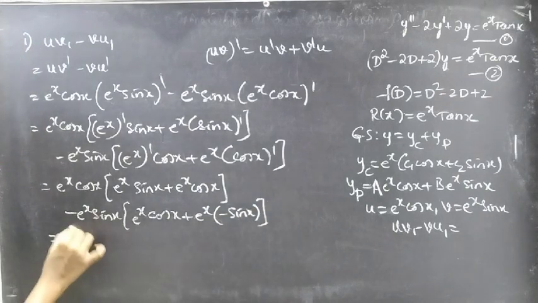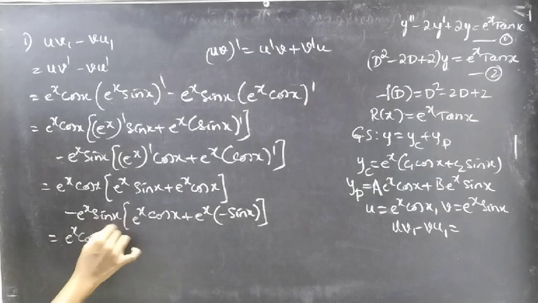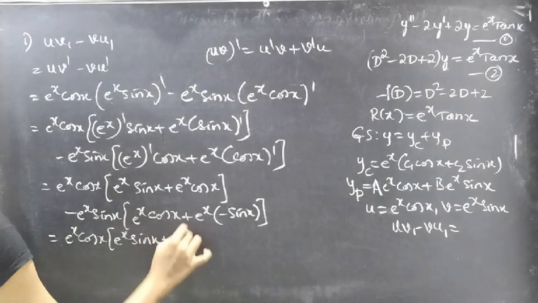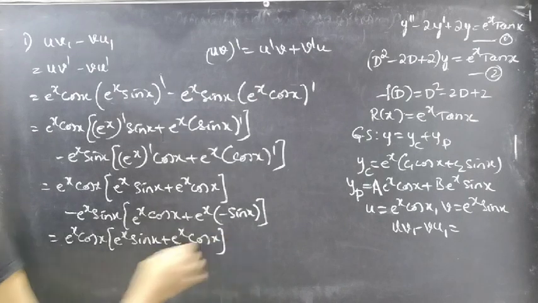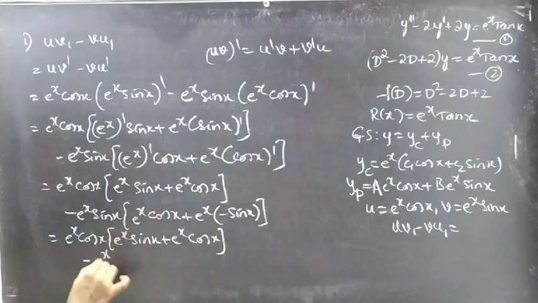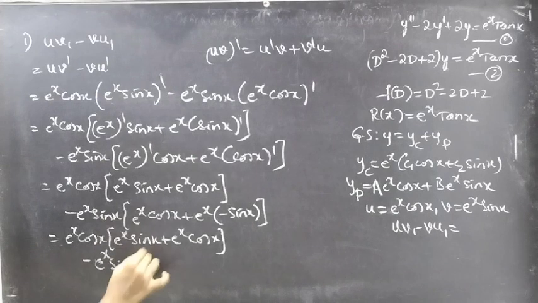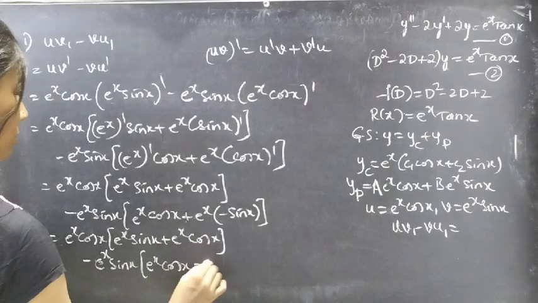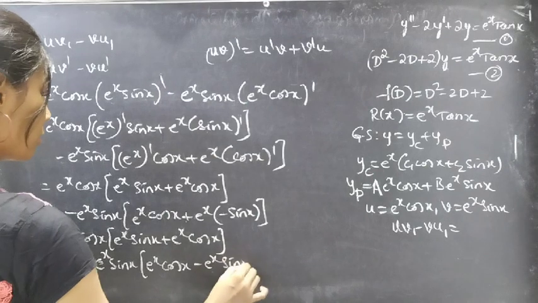This gives us e power x cos x into (e power x sin x plus e power x cos x) minus e power x sin x into (e power x cos x plus into minus, minus e power x sin x).